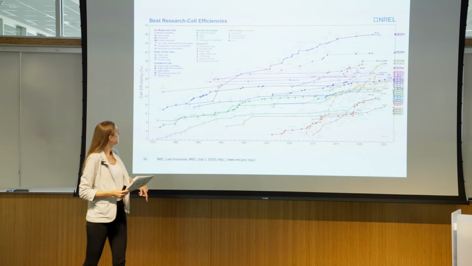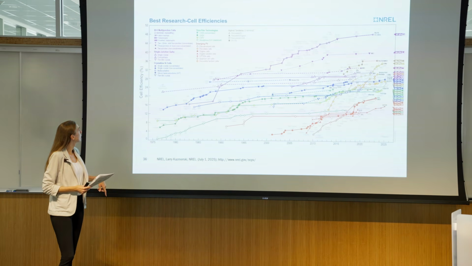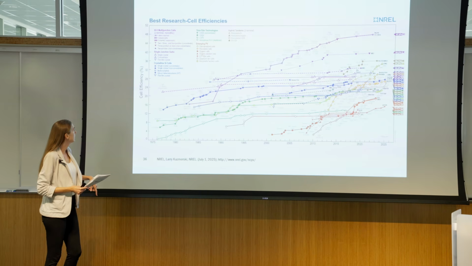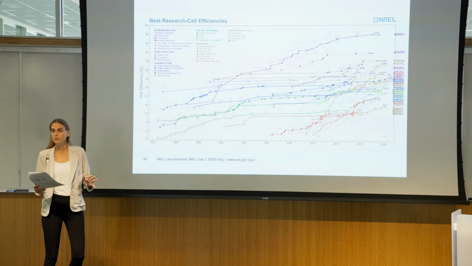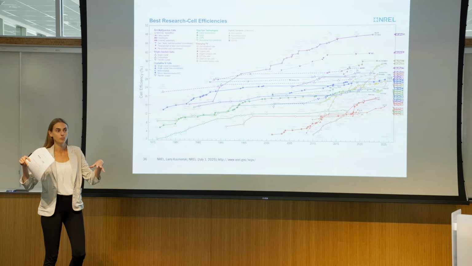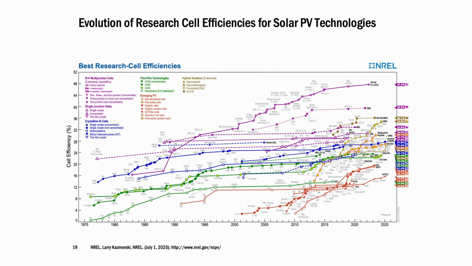Another method for increasing efficiency is through concentrating, using reflectors to concentrate light onto your PV panels. That would be the blue square that's empty in the middle.